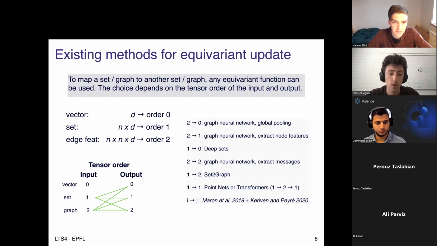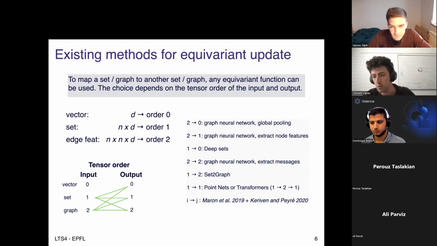For example, if you have a graph and you want to predict a set, you use a graph network and extract the node features. If you have a set and you want to predict a vector, just a deep set. One interesting one is if you have a set and you want to predict a graph; there is a paper that does it called set to graph. So it's something that we know how to do, which means that if we understand how to generate a set, then we can learn a set to graph function with it, and we will understand how to generate a graph. So that's why I will restrict the presentation to sets.